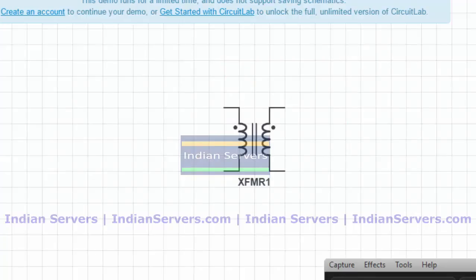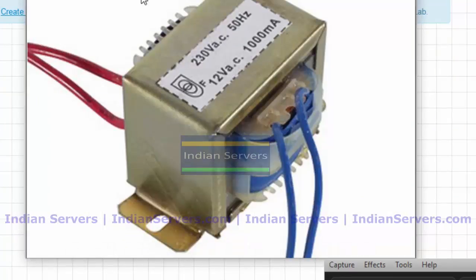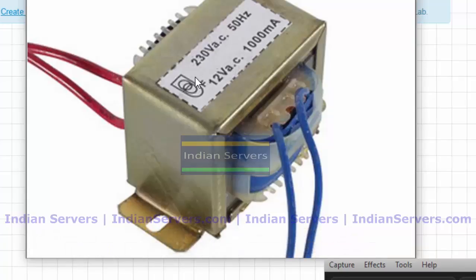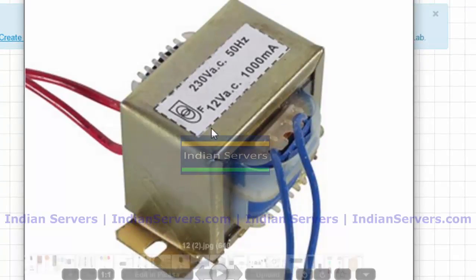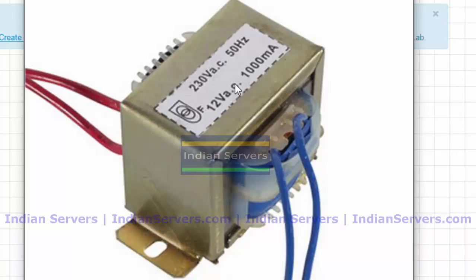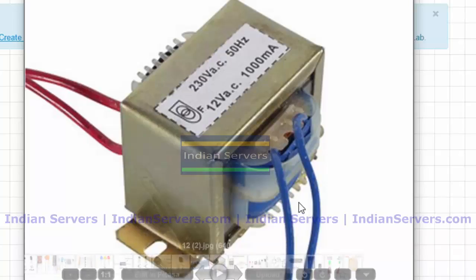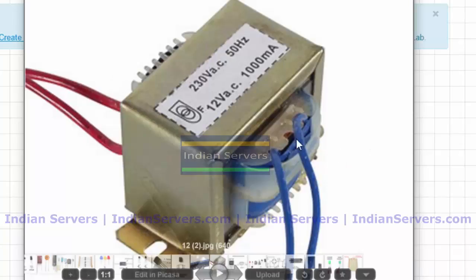Now how to identify the terminals of the transformer? Assume that you have a 230 by 12 volts transformer. Now you don't know which is the primary coil and which is the secondary coil. Simply connect the multimeter in resistance mode and measure the resistance between the input side and output side.